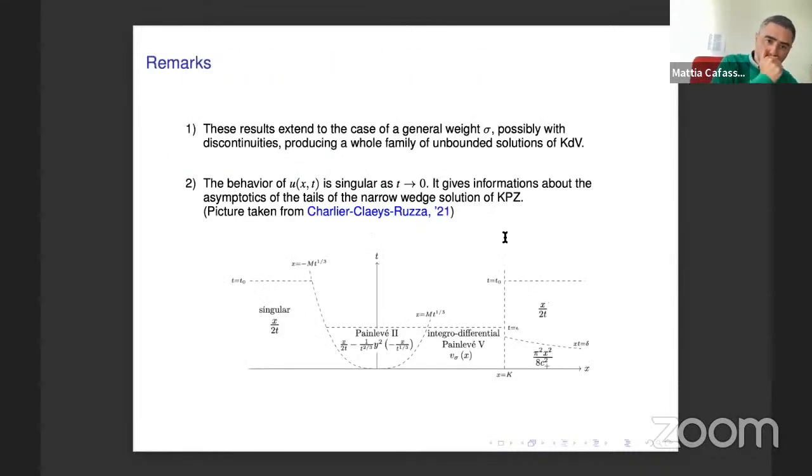And the nice thing is that these results extend to the case of more general weight sigma, possibly also with discontinuities. What you get from the point of view of the theory of KdV is quite interesting, because in this way you produce a whole family of unbounded solutions of KdV. And also you have explicit Riemann-Hilbert problems.